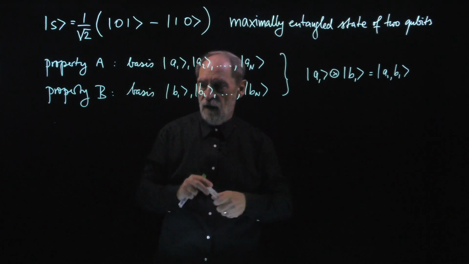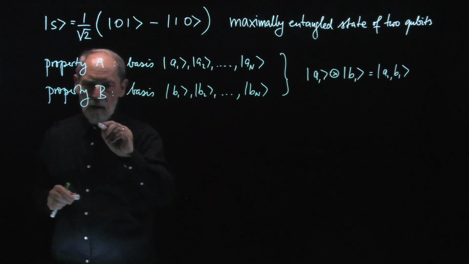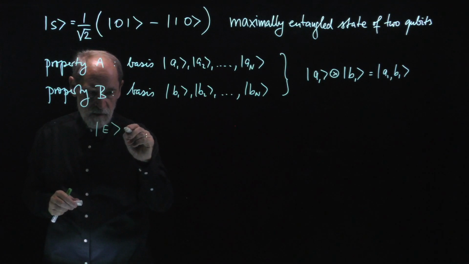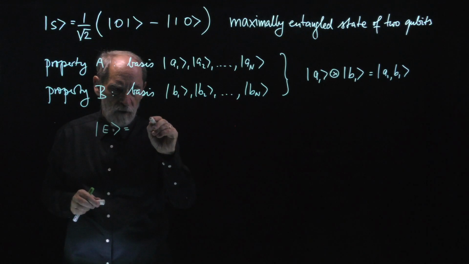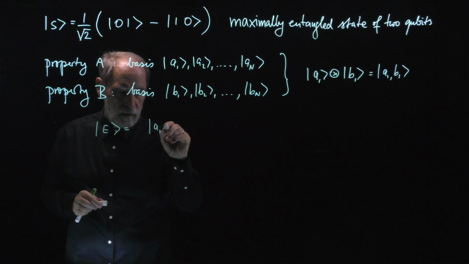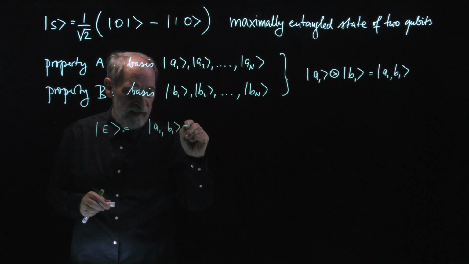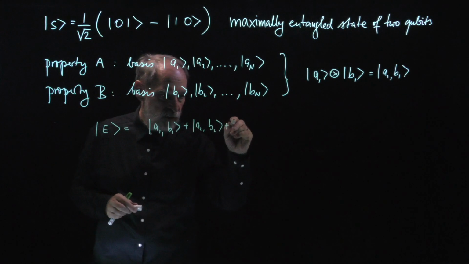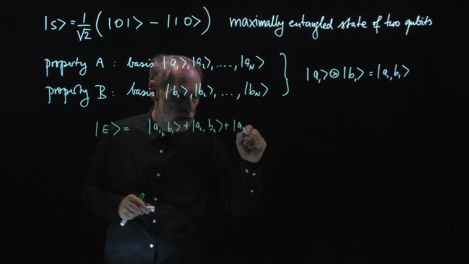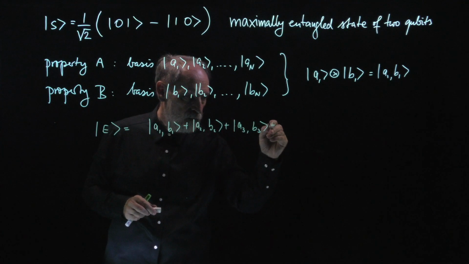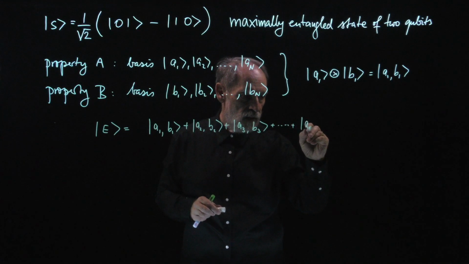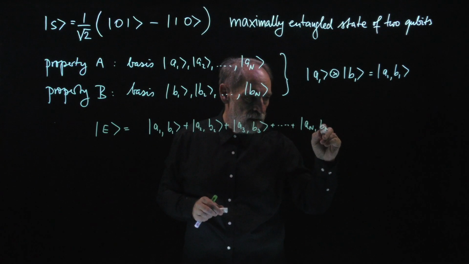But something of this kind would be a ket, and now let me call that ket E, and this comes about by taking the ket A1, B1, adding to it the ket A2, B2, adding to that the ket A3, B3, and so we continue until we get to the ket An, Bn.